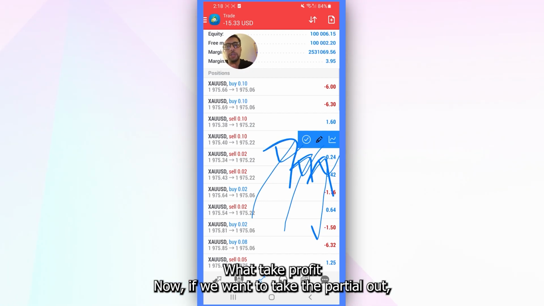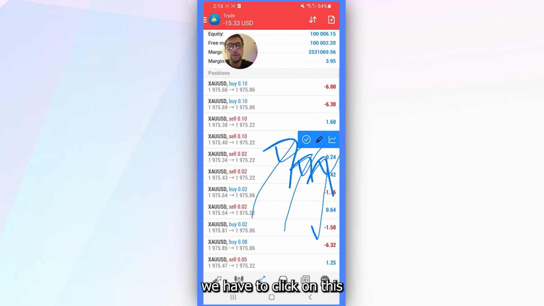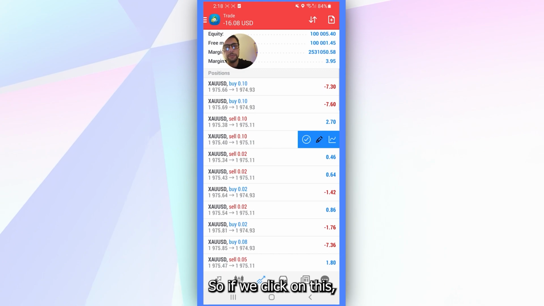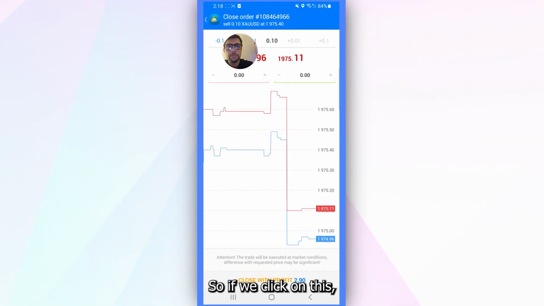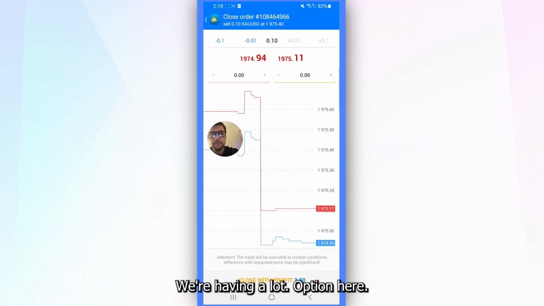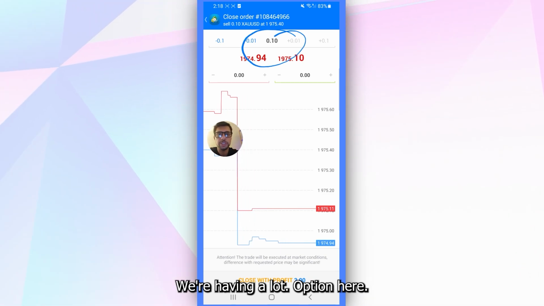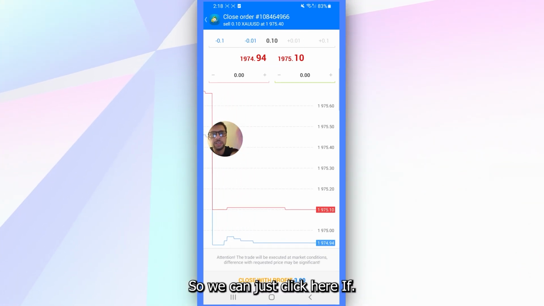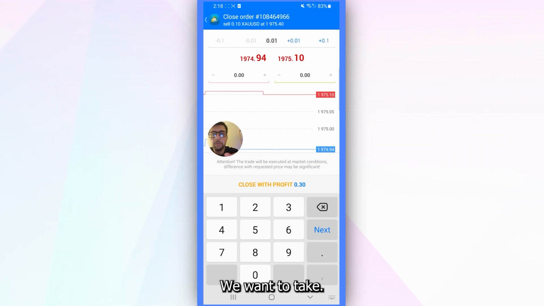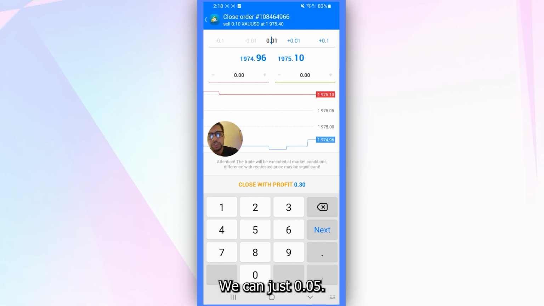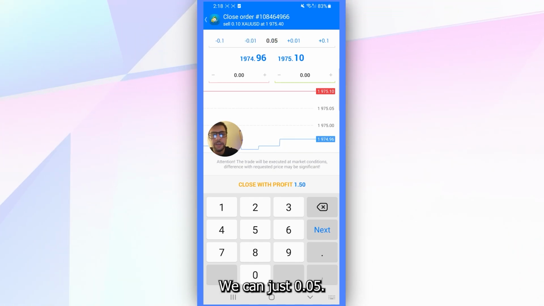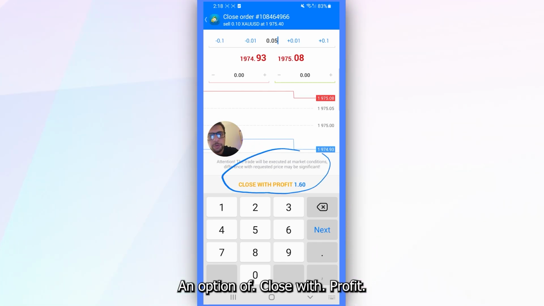Now if we want to take the partials out, we have to click on this tick mark option. If we click on this tick mark option, we can see we are having a lot option here. So we can just click here. If we want to take 50% out from 0.1, we can just enter 0.05 lot, and we can see we are having an option of close with profit.